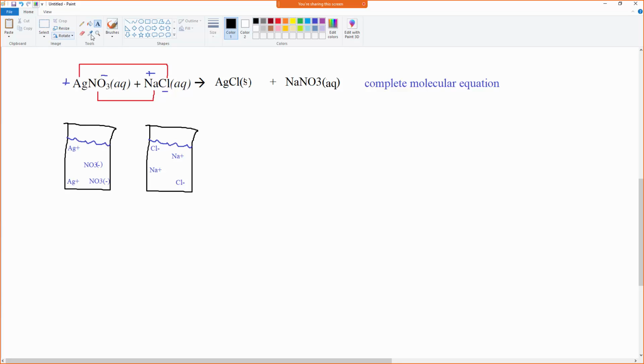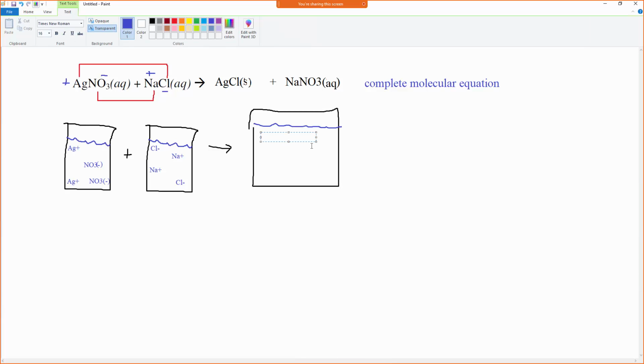Okay, so now we've got a little picture of this. We have little ions running around in solution. We take this solution and we combine it with that solution, and we get a bigger beaker. And what we find in our new combined solution is that my sodium and my nitrates are still running around, still aqueous.